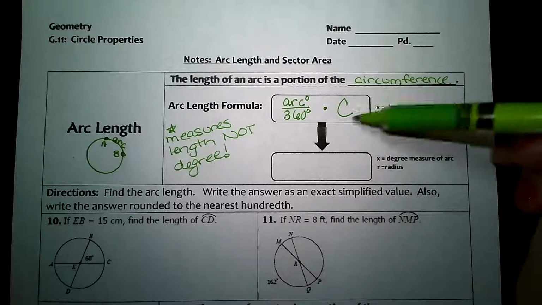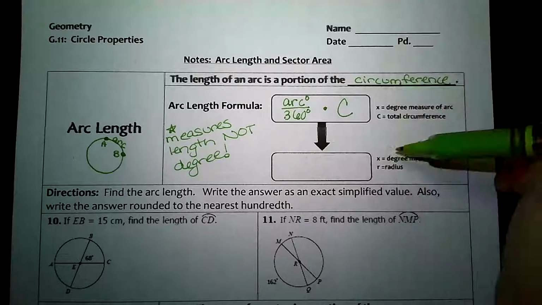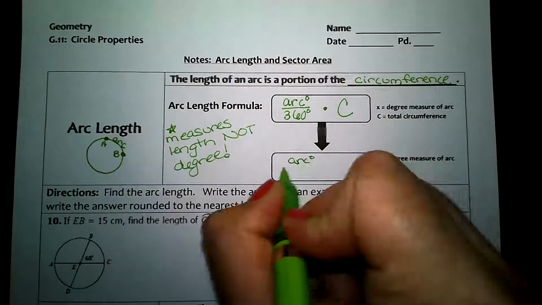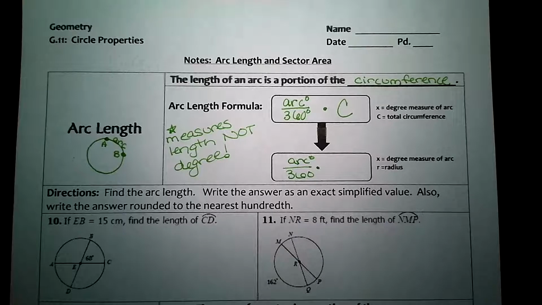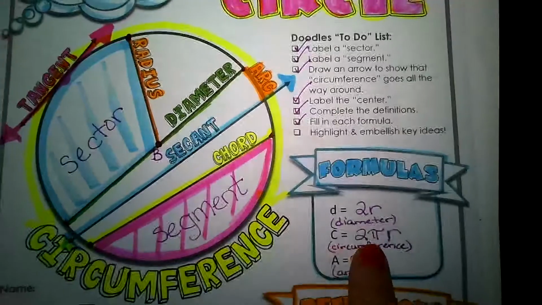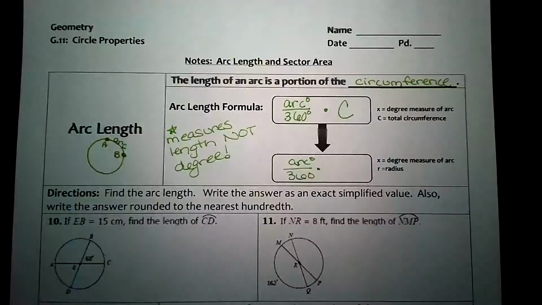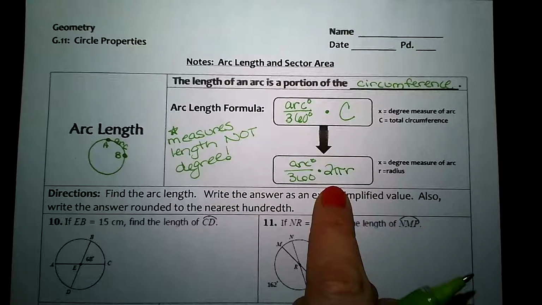If you don't want to first find the circumference and then multiply it, you can make one big formula that says the arc length is equal to the arc's degree out of 360 times, now think back, what's your circumference formula? I'm thinking back to my doodle notes here. The circumference formula is 2 pi r, and that is on your SOL formula sheet. So this is the formula I'll be using for arc length.